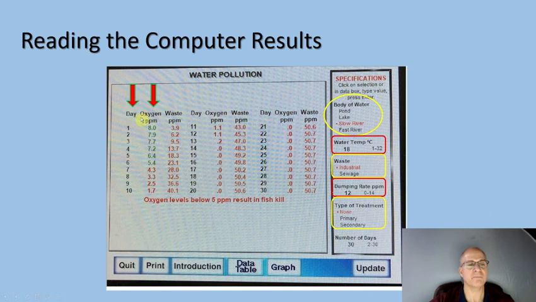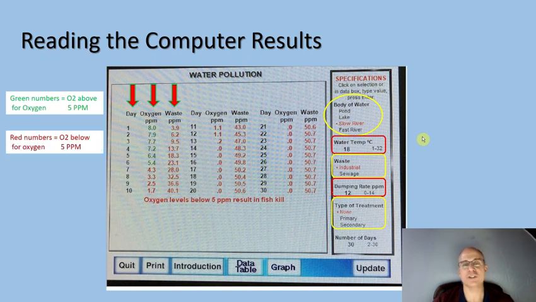And notice these are in parts per million, although we also see oxygen here and oxygen here for days 11 through 20 and days 21 through 30. And we are also looking at waste measured in parts per million. Now when we're looking at the amount of oxygen and the amount of waste, we see a bunch of numbers here. When we're looking at oxygen, if the numbers are in green, then oxygen concentrations are at 5 parts per million or greater.